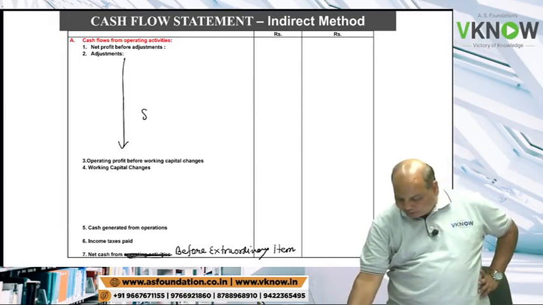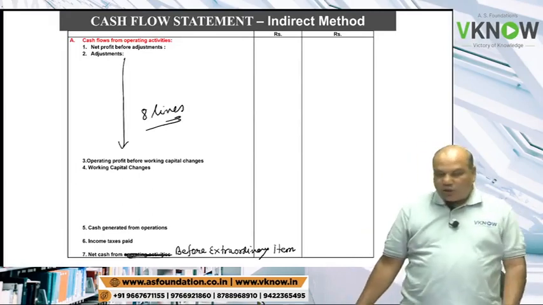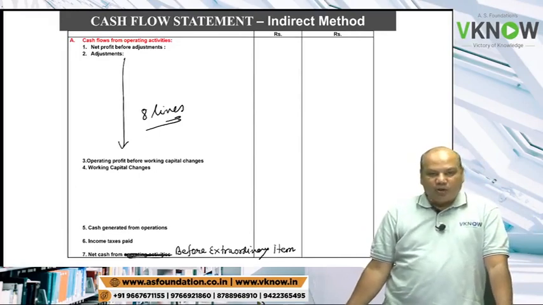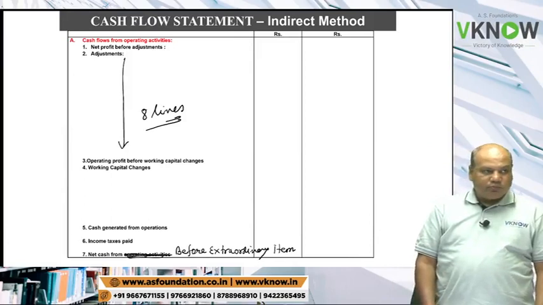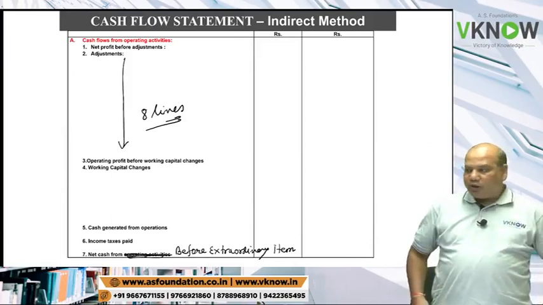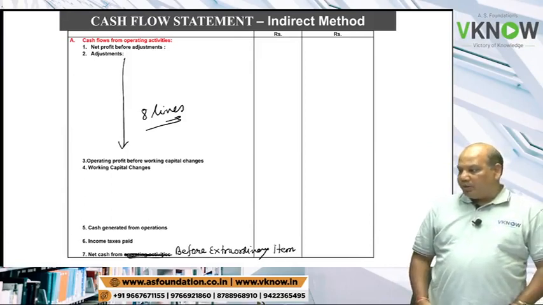Keep around 8 to 10 lines blank. Point number 3, operating profit before working capital changes.